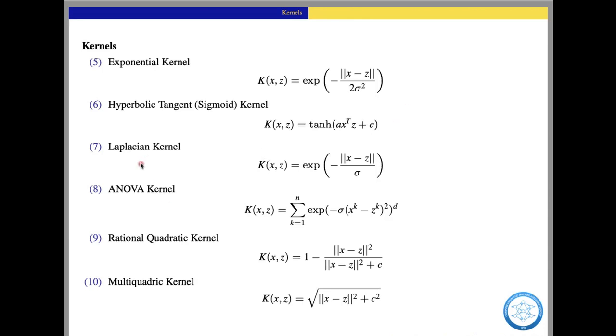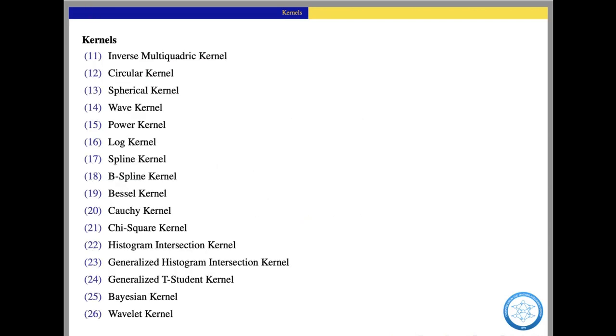And then you have other kernels, not so popular ones, but here we have a lot more. I've listed up to 26 different kernels. It's up to you to look on the internet for the appropriate papers for these different kernels. I won't put the formulas here.